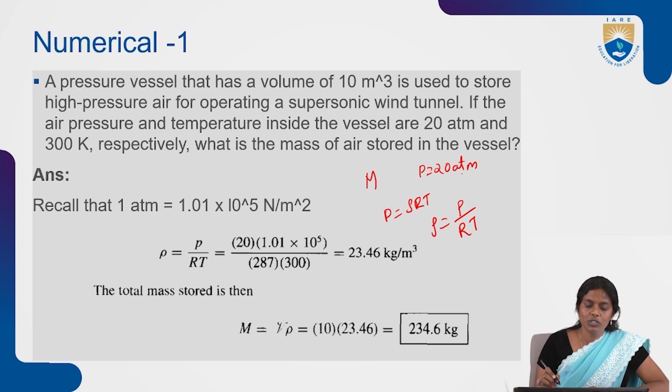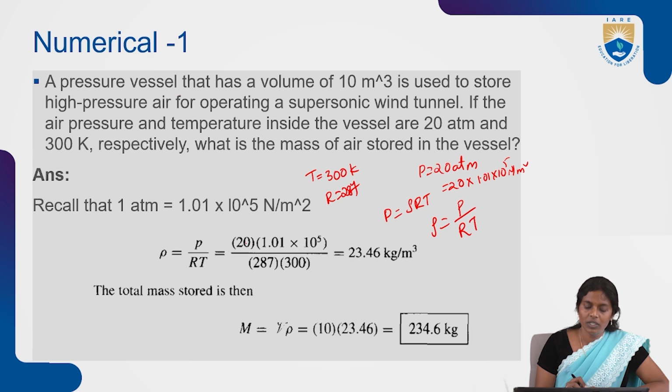This 20 atmosphere we are going to convert. So, 20 into 1.01 into 10 power 5 Newton per meter square. The temperature they have given is 300 Kelvin. Our gas constant value we know, 287, right?